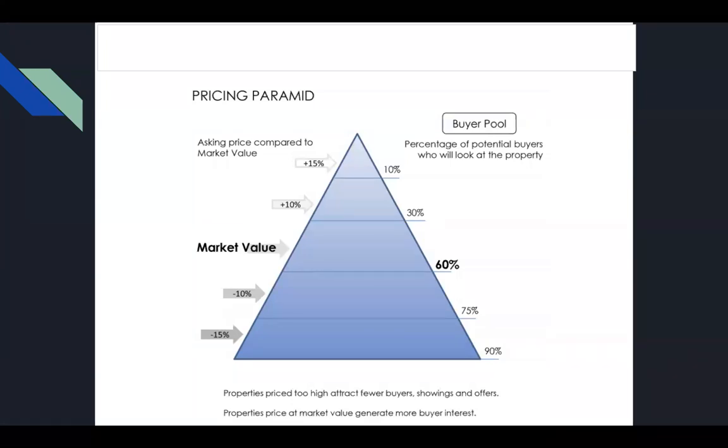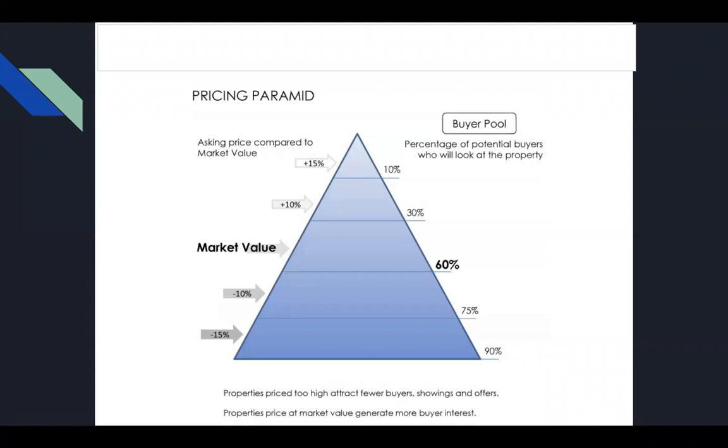Some people are in a rush to sell. They probably price it 10 to 15% below the market price, so they will get more market share. Market share means more people will look at your listing and come to your listing. Otherwise, if you price it higher, fewer people will come to see it.